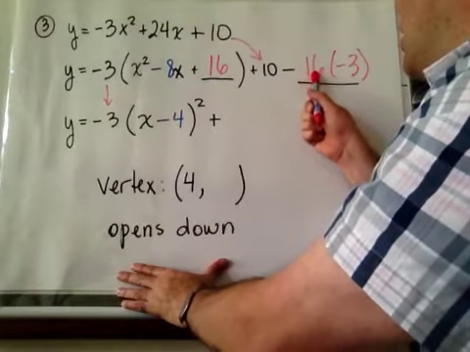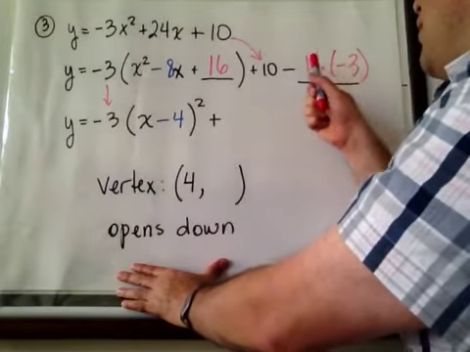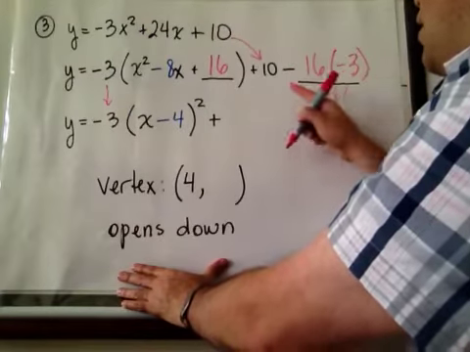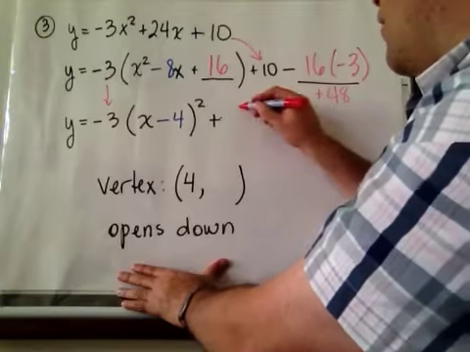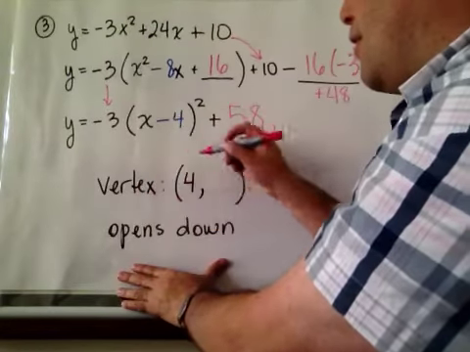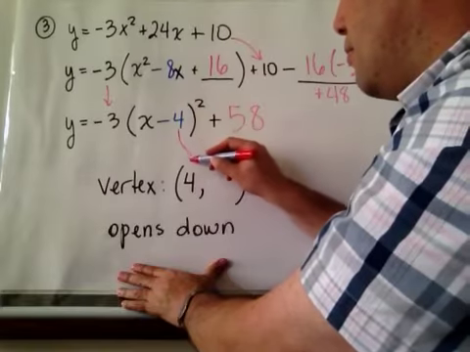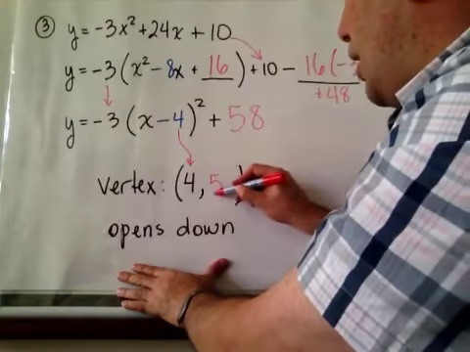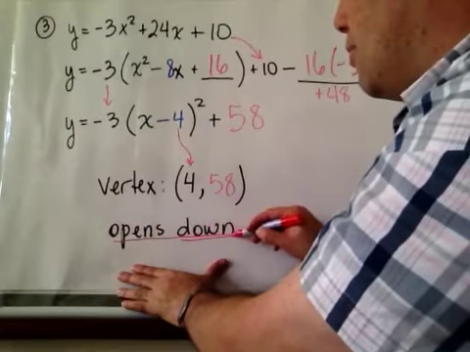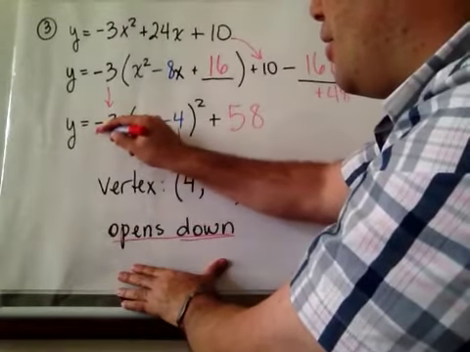And negative 16 times negative 3 is really plus 48. So it's 10 plus 48, that's 58. So our vertex is (4, 58). Notice that this parabola opens down because of the negative over here.